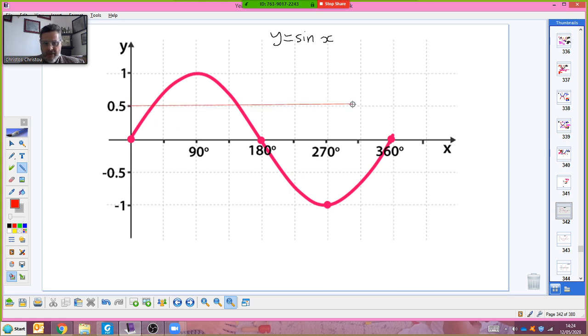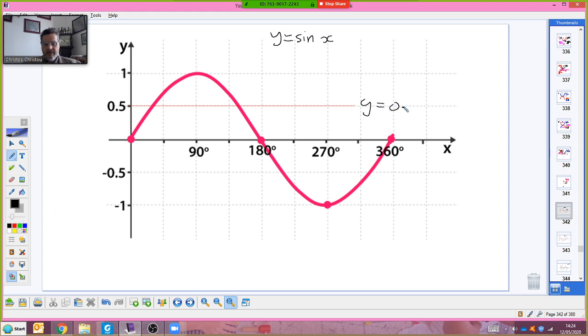Would somebody like to tell me what the equation of that line is? Anybody know? Come on, Hamza, you're the best speaker. What's the equation of that line? Yeah, it's y equals 0.5, so I'm going to write it down.